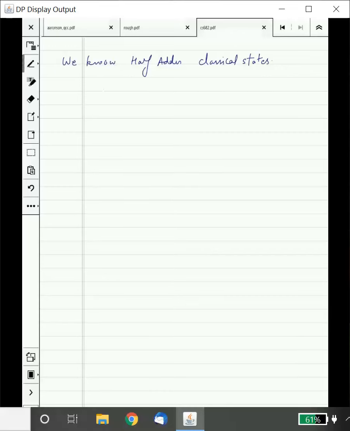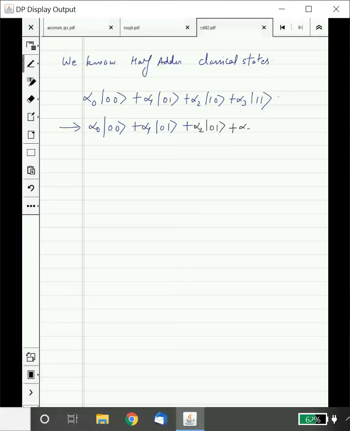Let's say if the first 2 qubits were in this state, notice that any state of first 2 qubits can be written like this, then by linearity the answer would be, in the case of half adder, again I will get 0 1, but on 1 1 I will get 1 0.